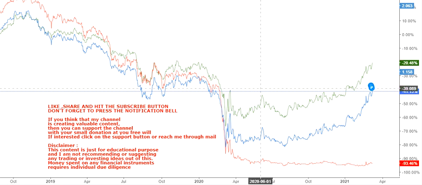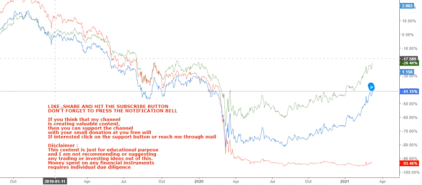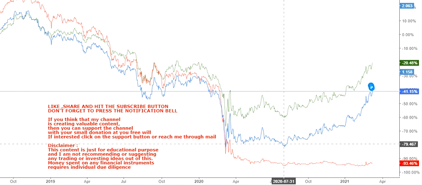Let me tell you, as you can see, these are three lines, and the way it is looking is in terms of percentage. So this red line represents the bond yield of 2 years. The green line is specifically for 30 years, and this blue line is for the 10 years yield chart.